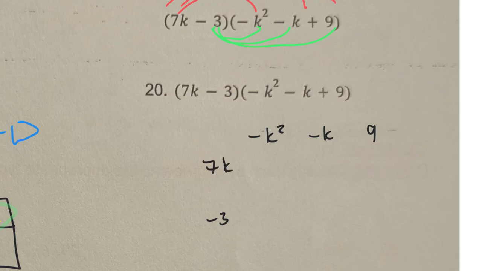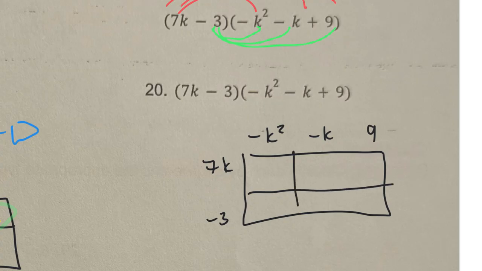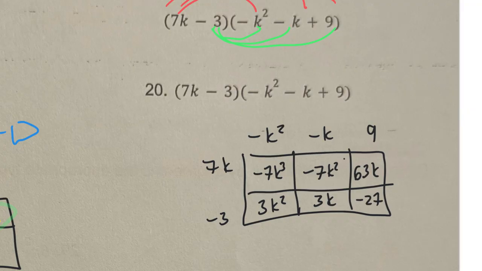You'd have a negative 13. 7k times negative 7k squared is negative 7k cubed. This would be negative 7k squared. This would be 63k. This would be positive 3k squared. This would be positive 3k. And this would be negative 27.